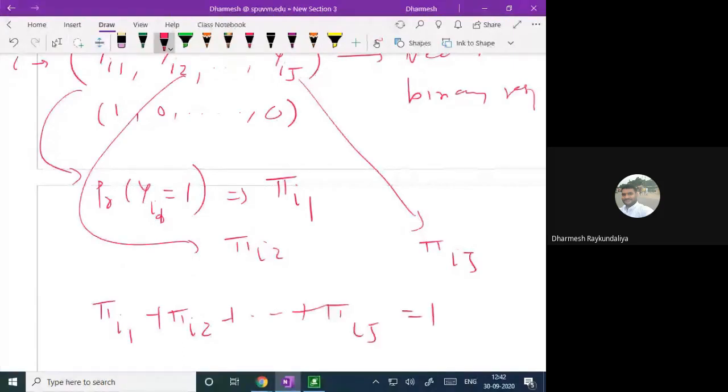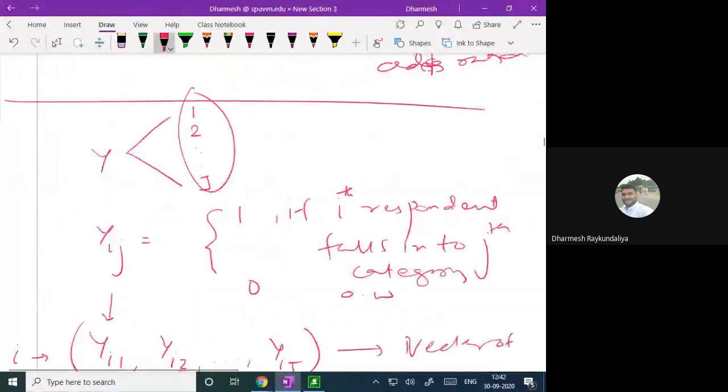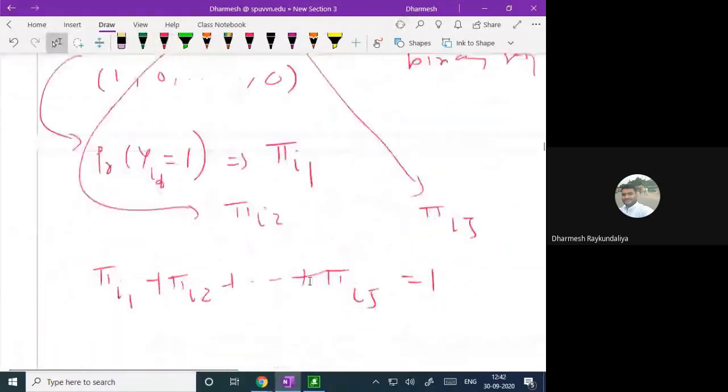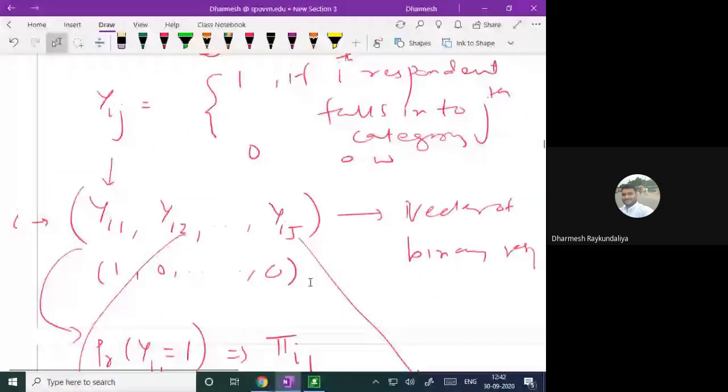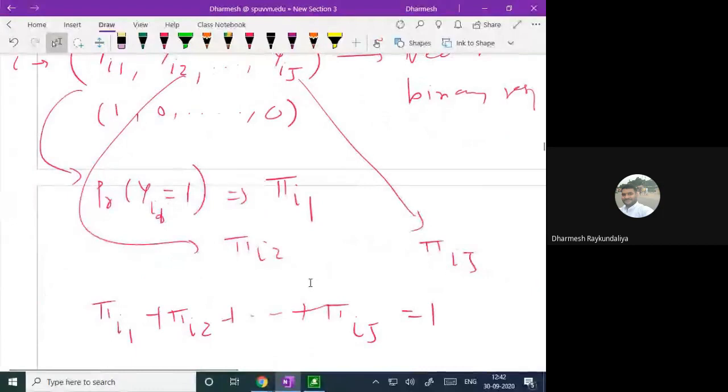So here we say that the response categories are purely nominal in nature. They are categorical in the logit model. Now if I wish to develop the models, because the responses are multinomial, I may require the multinomial models.